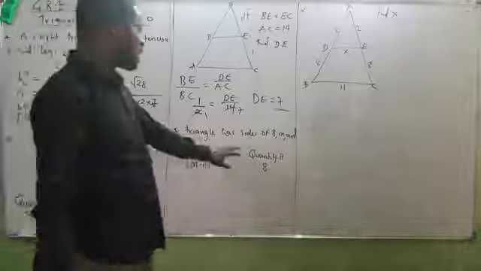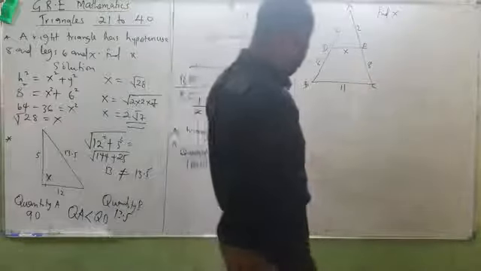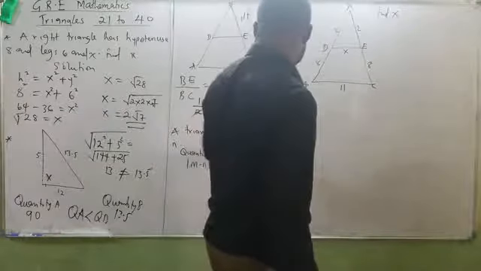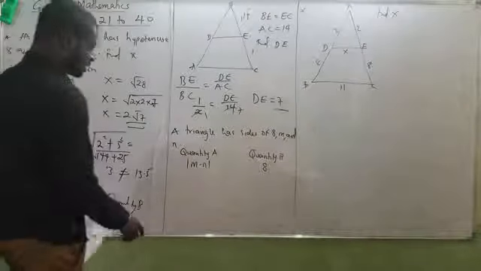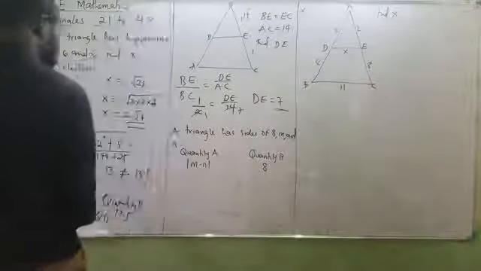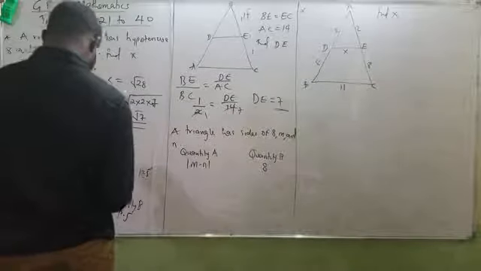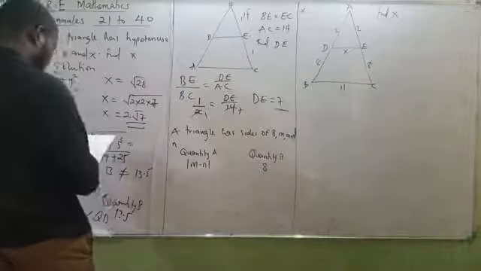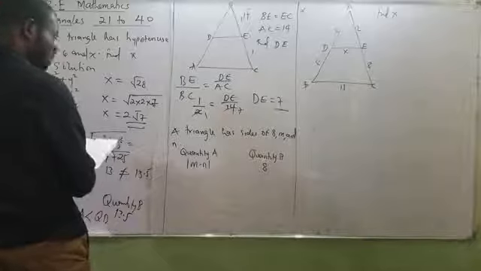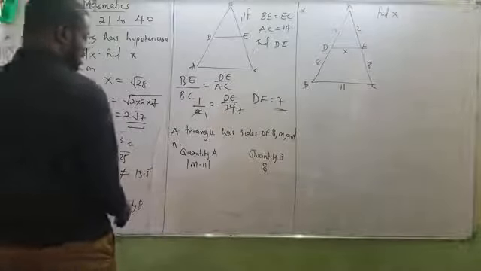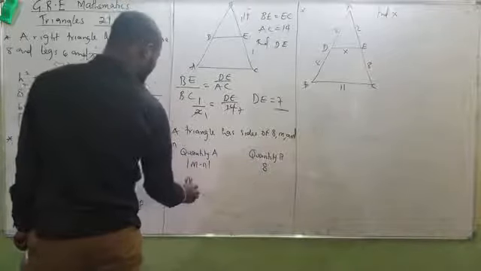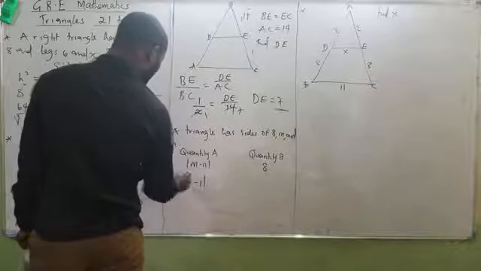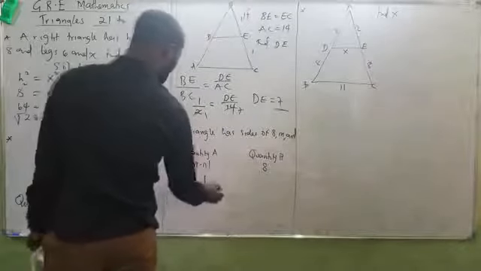Now, I have something like this. A triangle has sides of 8, 7, M and N. You are now asked for the absolute value of this. I don't know what the triangle is saying, but I know that the absolute value of M minus N will be less than 8.